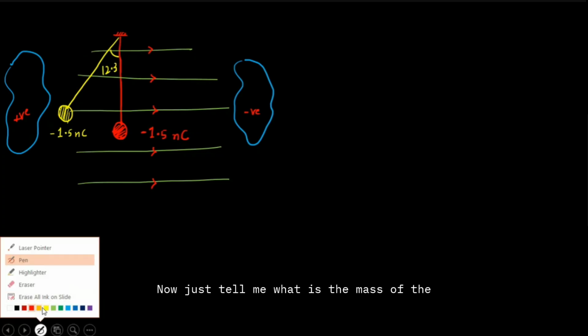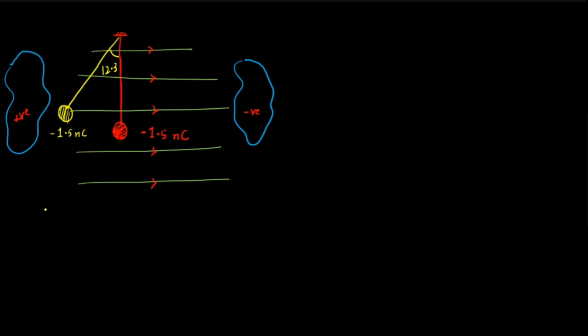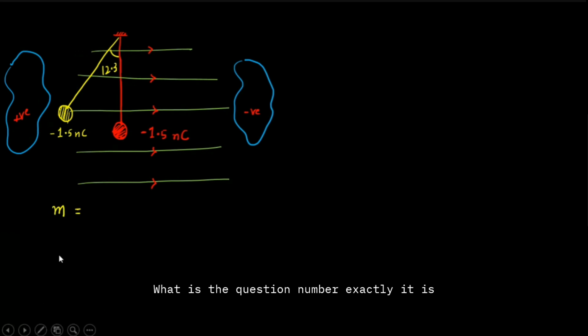Now just tell me what is the mass of the ball. What is the question number exactly? What is the mass of the pith ball? What is the question number of the question?